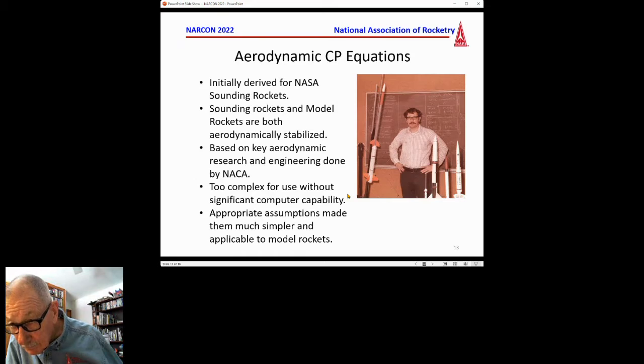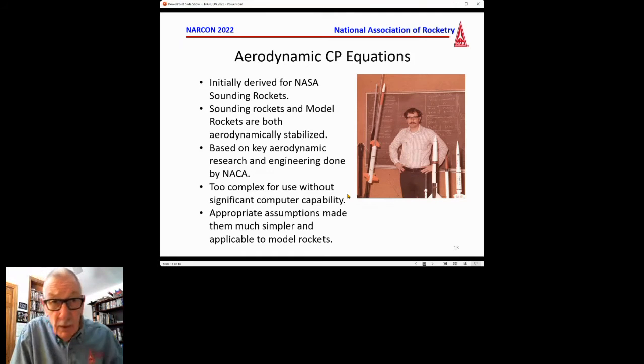And so there's a similarity, and therefore I could go ahead and use that similarity to apply those equations in a simplified form to model rockets.